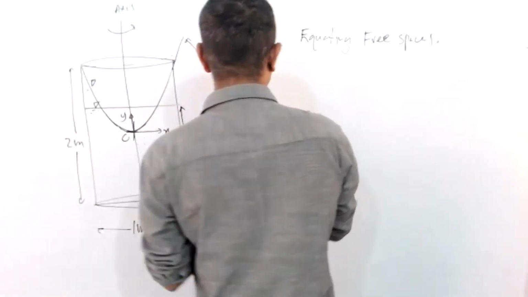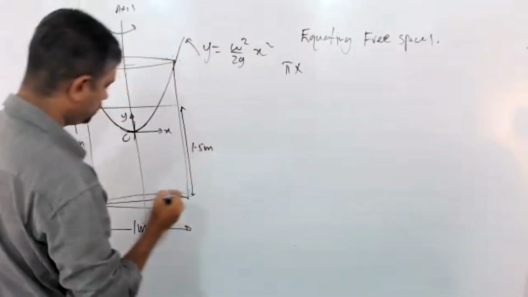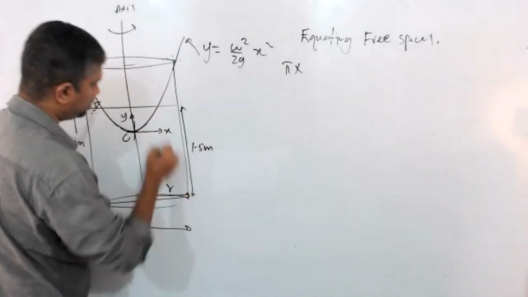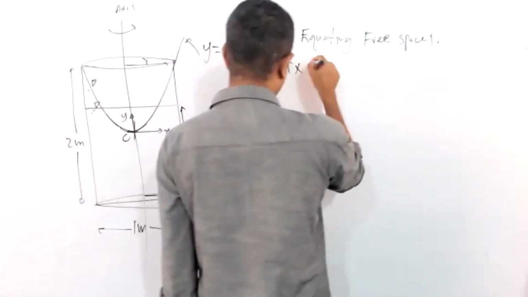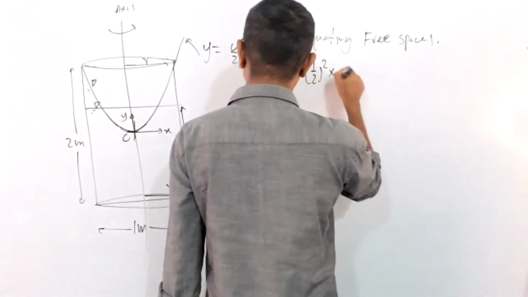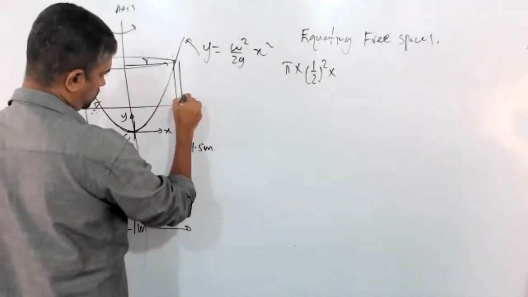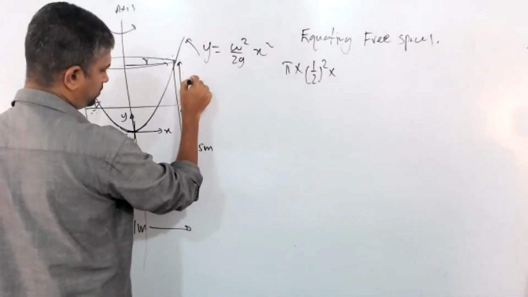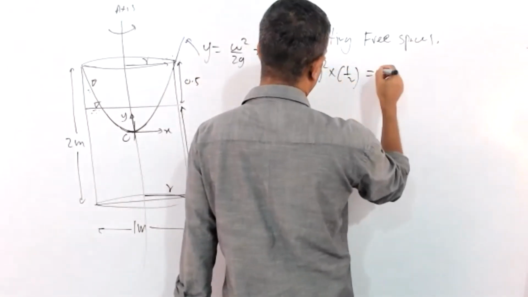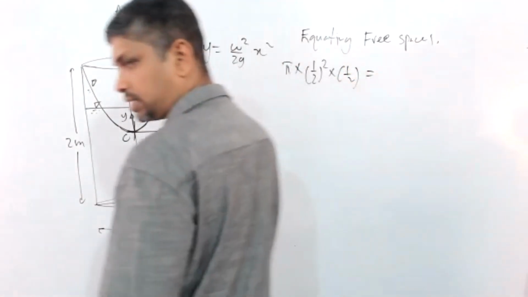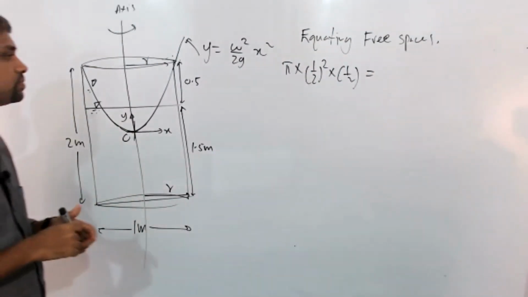R is the radius, which is half. Pi r squared h, where h is this original free space, which is also 0.5. It is equal to this volume.